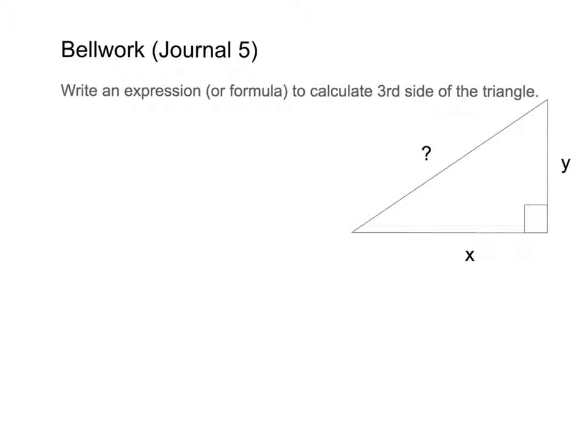Now, one way we can do this is what we learned in geometry a long time ago. It's called the Pythagorean theorem, right? Let me just write that down first. Pythagorean theorem.